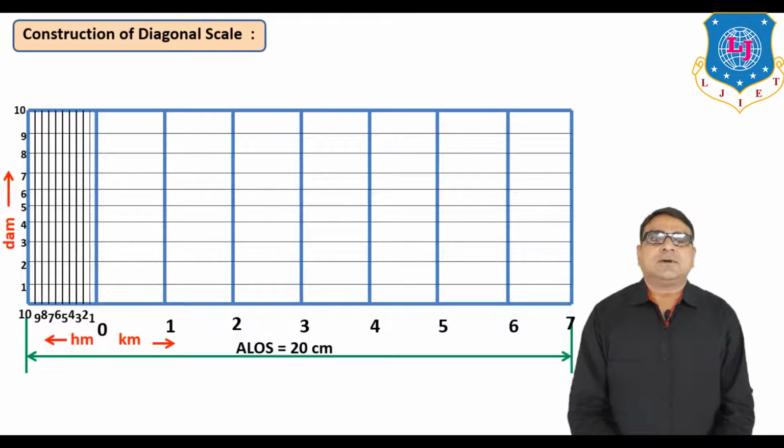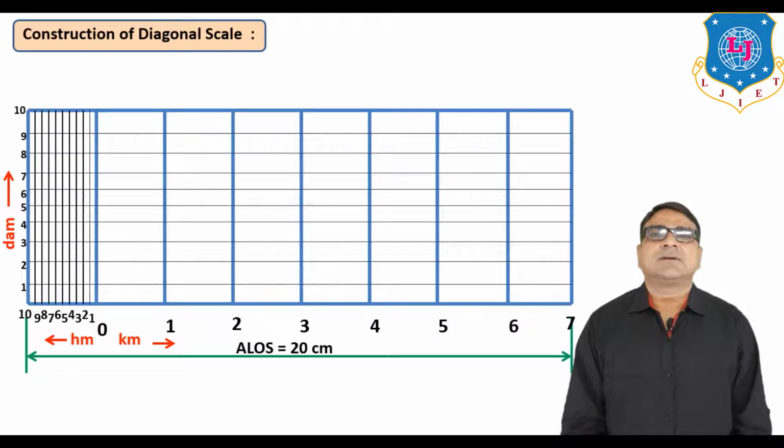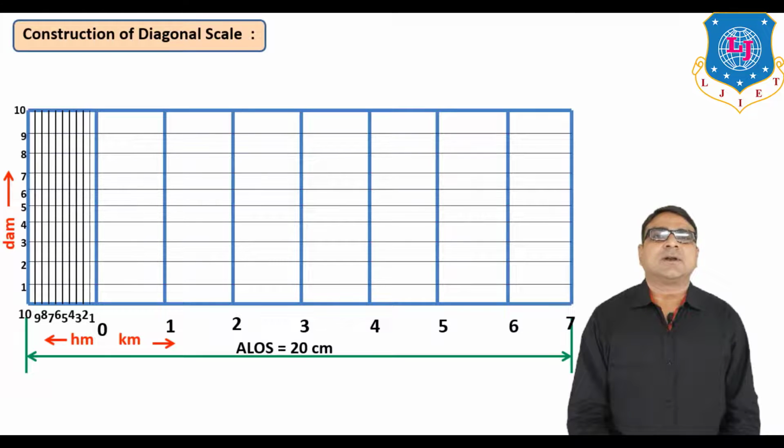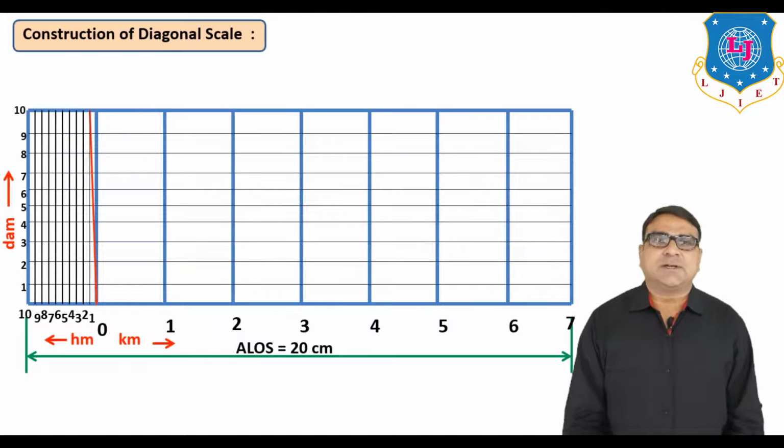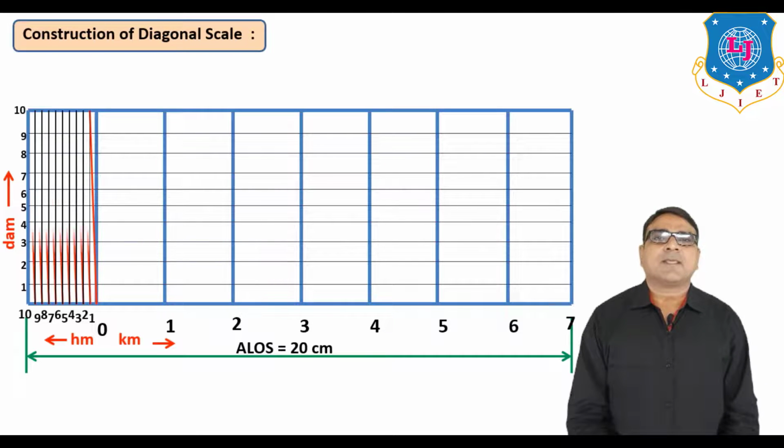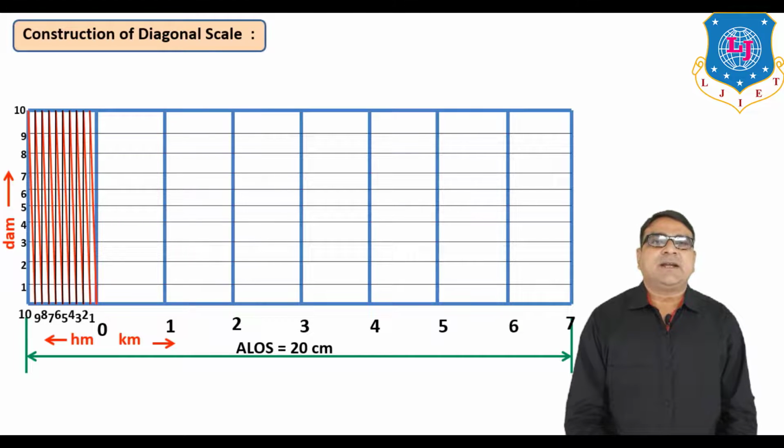Now 1 hectometer is equal to 10 decameter. For that, we have to draw one line from 0 to an inclined line up to 1 division on the hectometer, which is shown in the figure. Similarly from 2, 3, 4, 5 and up to 9. Now on this inclined line we can indicate 1 decameter, 2 decameter, 3 decameter, 4 decameter to 10 decameter, which is equal to 1 hectometer.